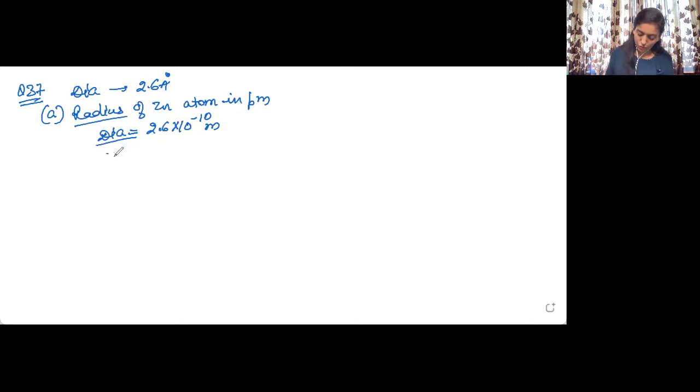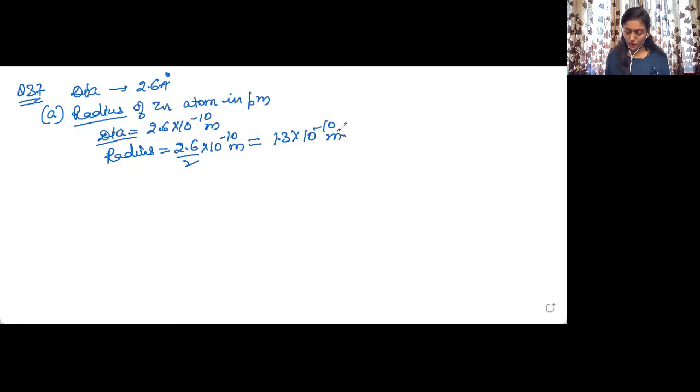First, let us convert it into radius. So radius will be equal to 2.6 upon 2 multiplied by 10 raised to the power minus 10 meter. So it will be 1.3 into 10 raised to the power minus 10 meter. So this will be the radius of zinc atom. Okay. Now we need to convert this value into picometer.